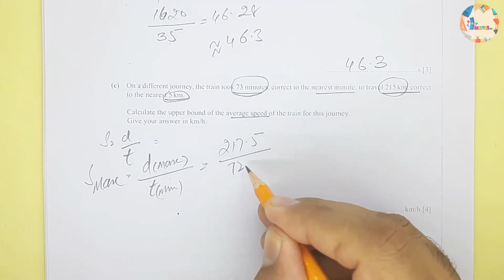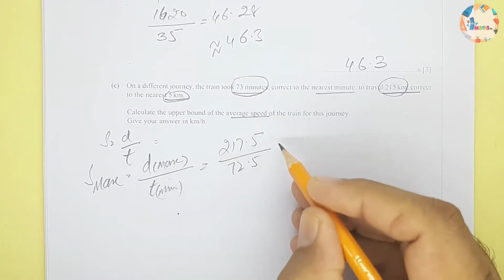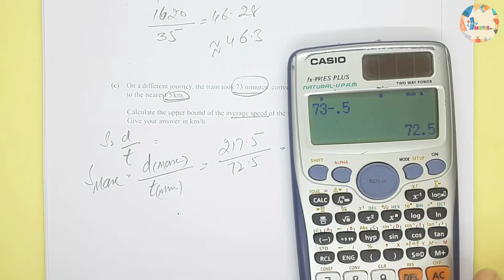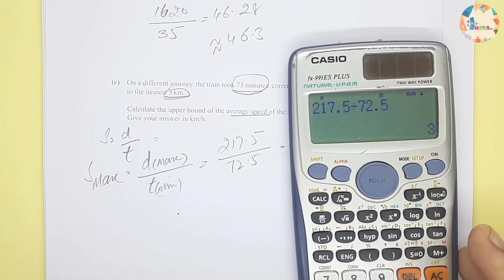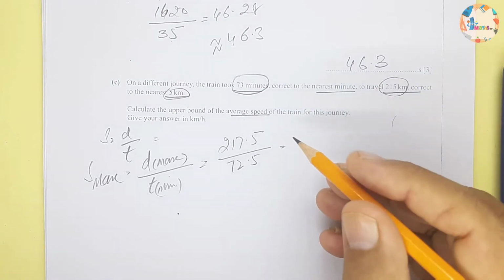So 72.5 is the lower bound of time, and this will give us 217.5 divided by 72.5, and this will give us 3. This will be 3 minutes.